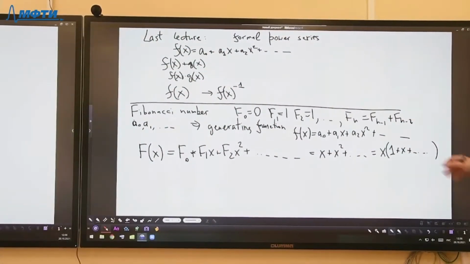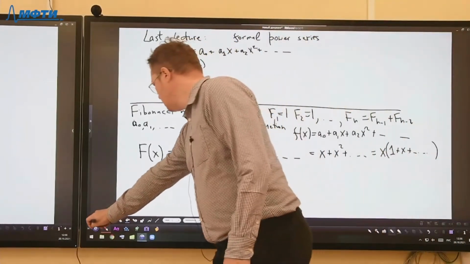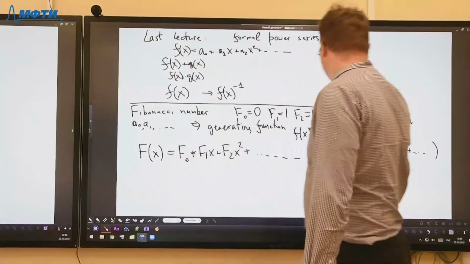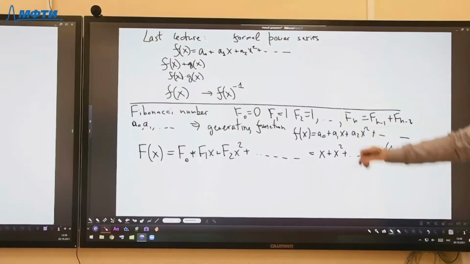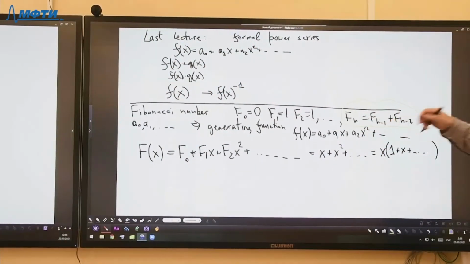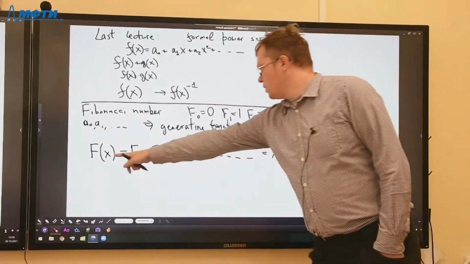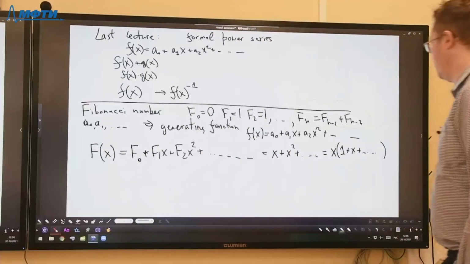And the trick is we can use the recurrence relation. How can we use it to define what this f(x) is?